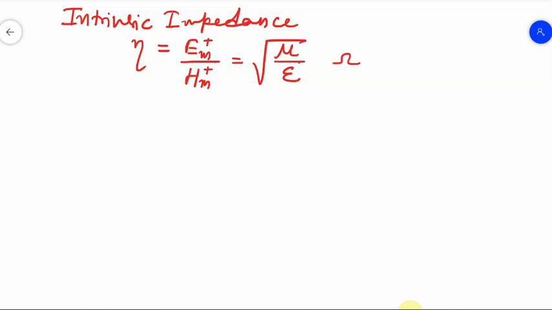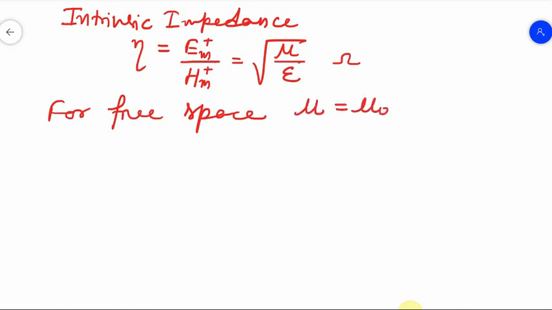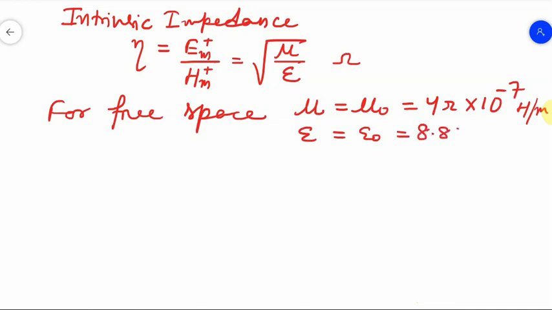Now for free space we had discussed. In place of mu will be mu 0, which is equal to 4 pi into 10 to the power minus 7. And in place of epsilon, for free space we will use epsilon naught, and the value is 8.854 into 10 to the power minus 12.